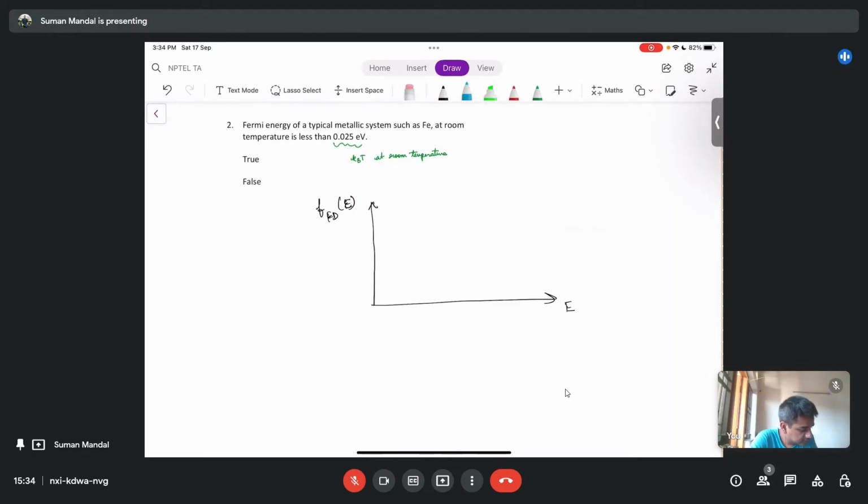Let's say this is EF, so this is 1, and at some specific temperature, we see something like this. Let it be room temperature, around 25 degrees.